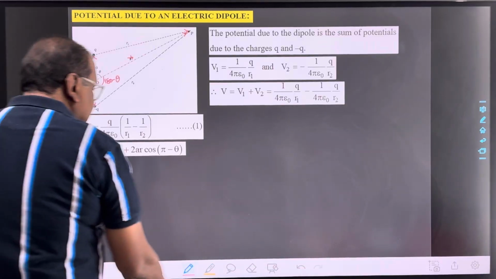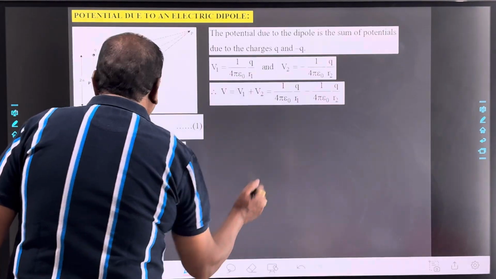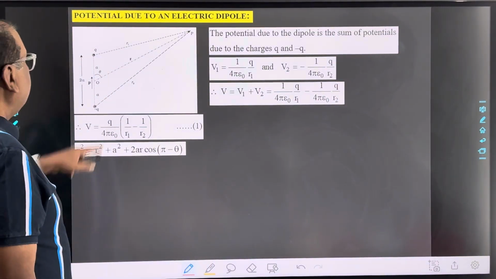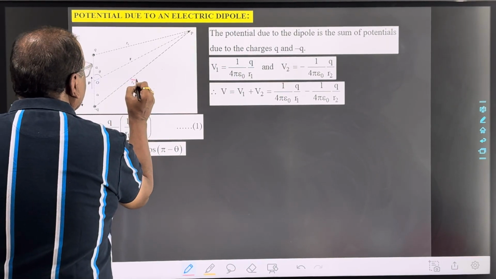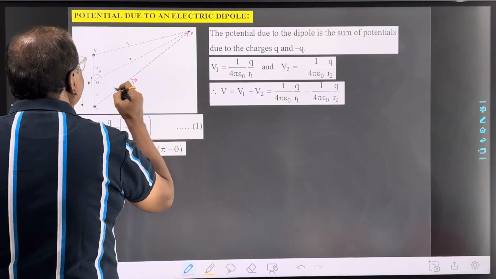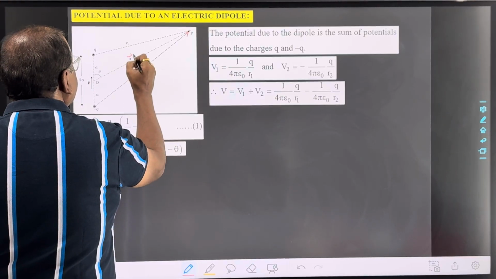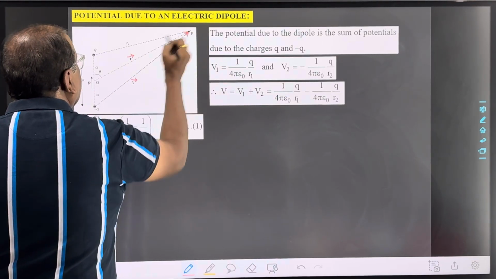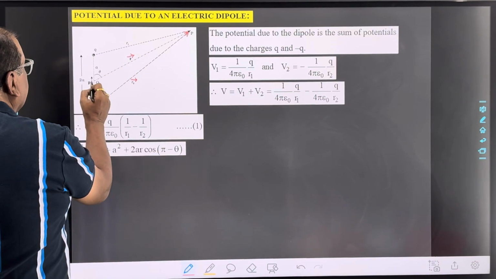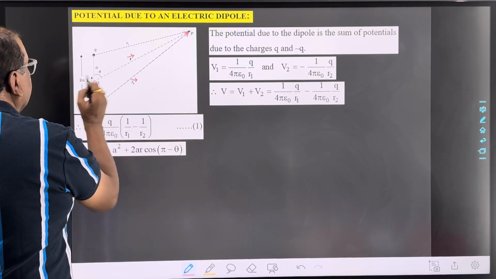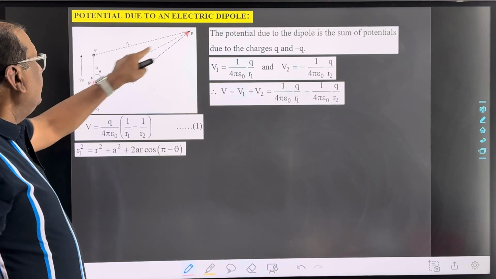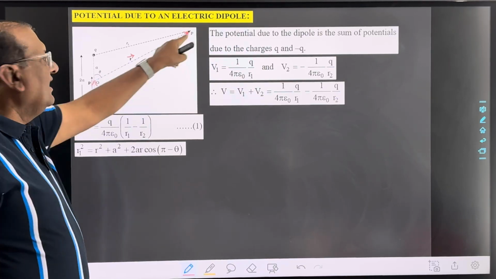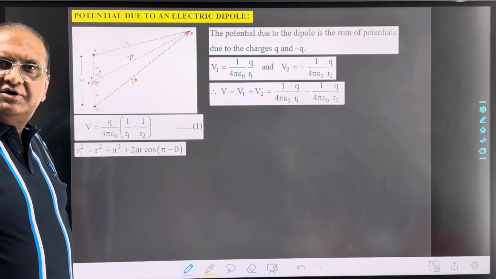Now similarly, suppose we think about this R2. Vector R2 is like this. This one is vector R, and this one is vector A, so vector A plus R is vector R2 as per the vector summation rule.